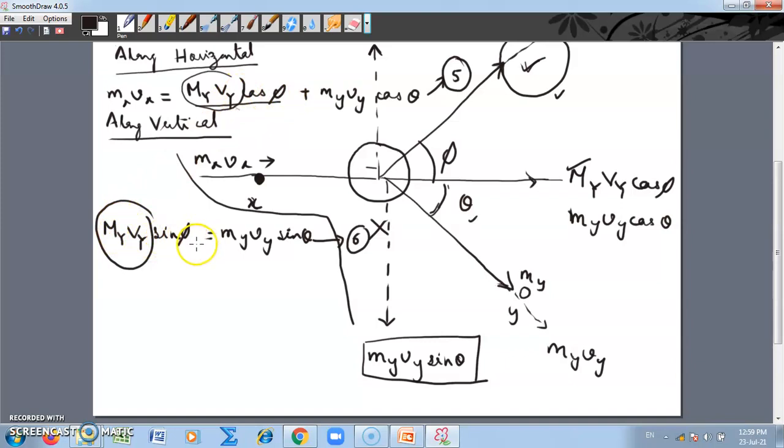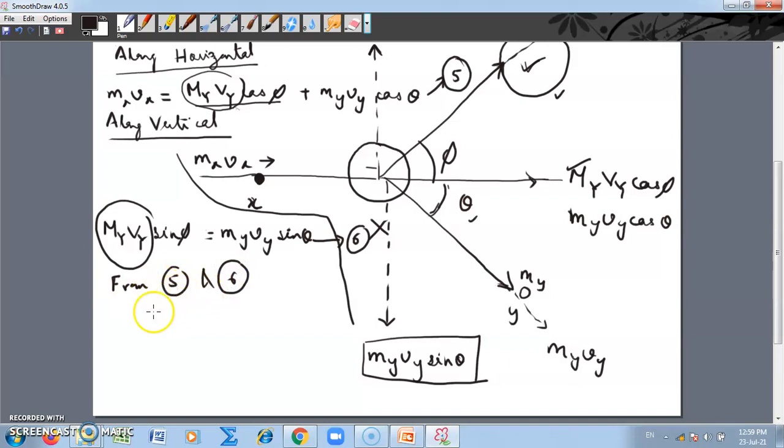When you add them up, sine square phi and cos square phi sum to 1. So from 5 and 6, I'm sure you can do this part of the calculation.